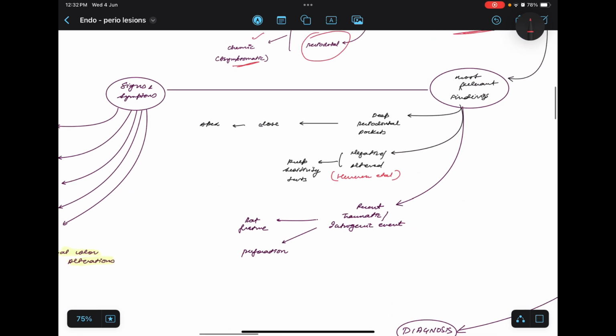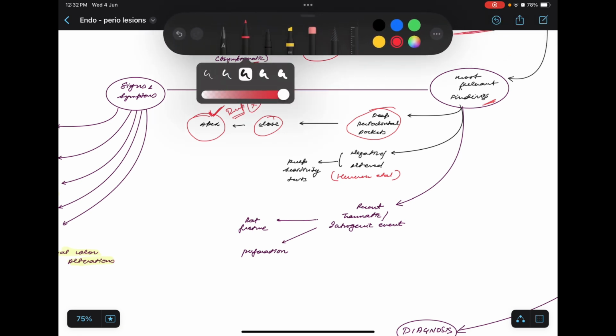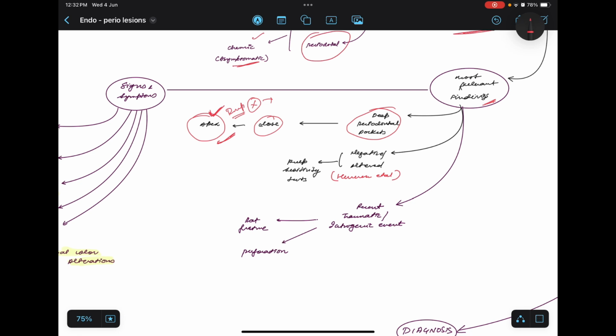The most relevant finding when we talk about an EPL is a deep periodontal pocket, which is close to the apex. Why? Because unless it is close to the apex, the pulp will not be compromised. We need it to be close to the apex in order to diagnose it as an EPL.